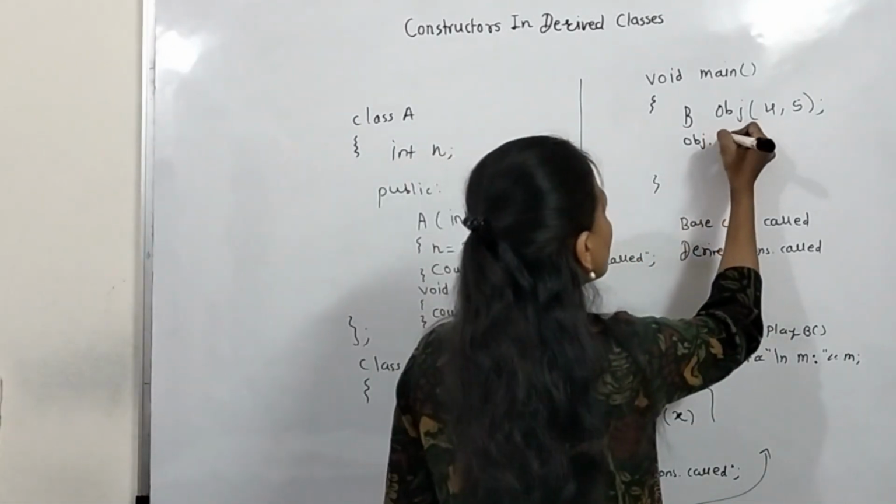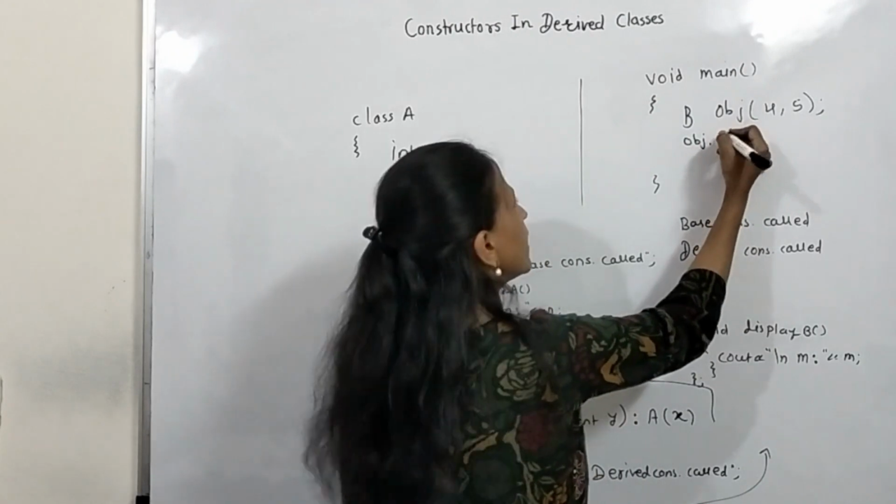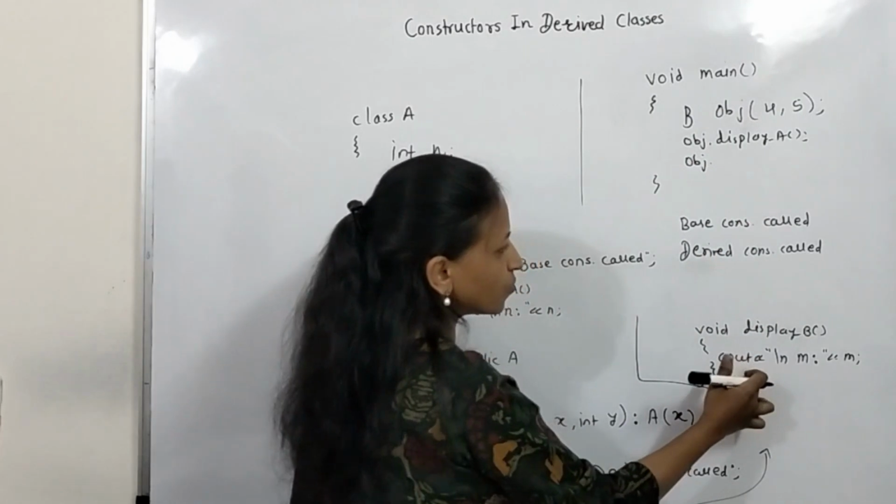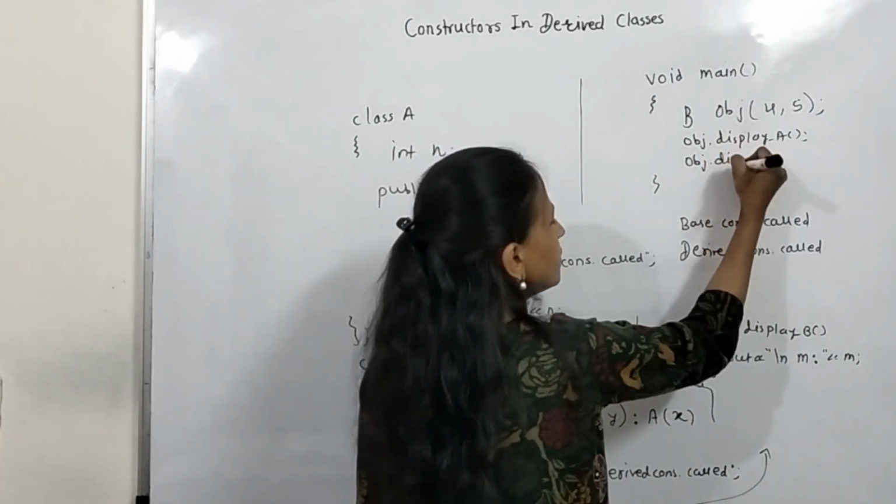So we call obj dot display A, and then obj dot its own function display B.